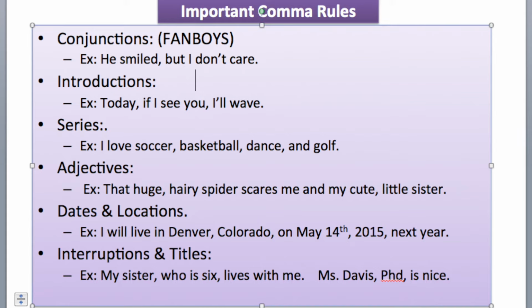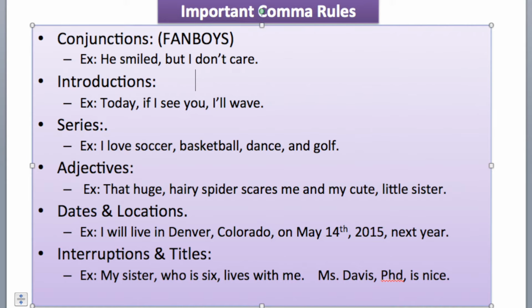In my example here, I have 2 adjectives that describe the word spider, and 2 adjectives that describe the sister. So it says that huge, hairy spider and my cute little sister. So we're going to be putting 1 comma in between the 2 adjectives. That huge, hairy spider scares me and my cute, little sister.